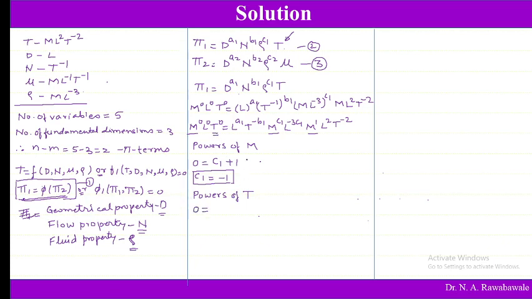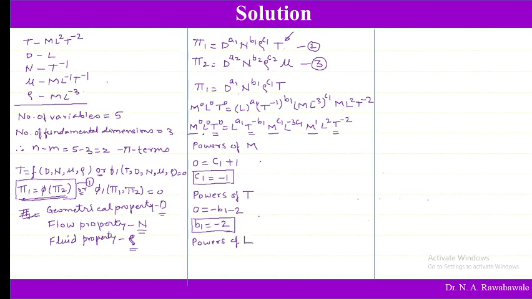So 0 is equal to minus b1 minus 2, or b1 is equal to minus 2. So this is b1.